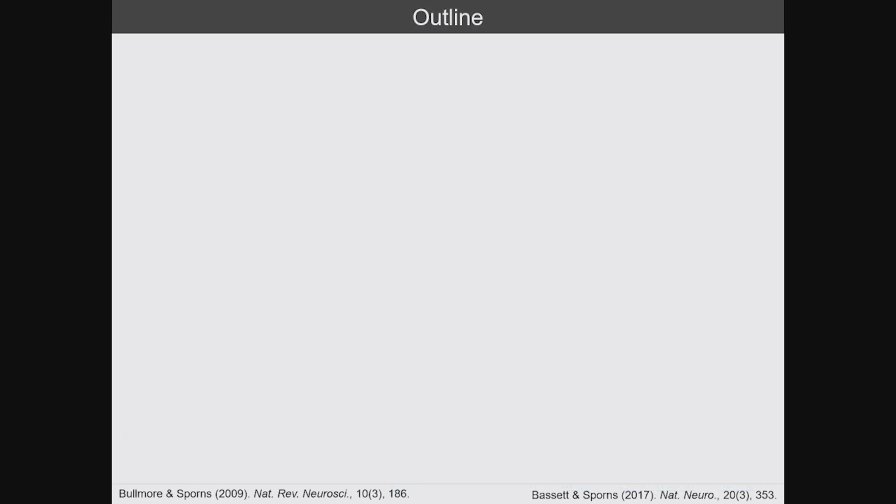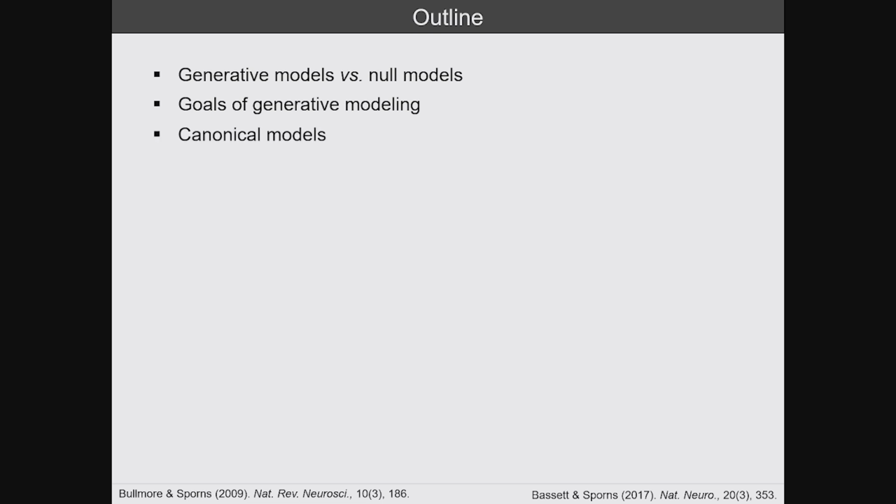That'll work. Okay, so my talk is going to follow the following outline. There's a lot of overlap with what people have already talked about, so that's nice. I'm going to try to position generative modeling, which is a little bit distinct from null models, with respect to null modeling. I'll cover what I consider to be the goals of generative modeling, followed by a discussion of some of the canonical generative network models.